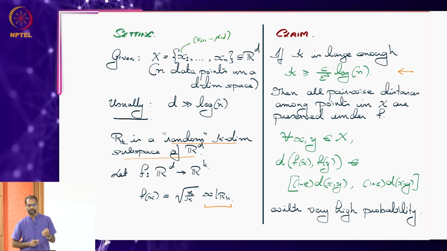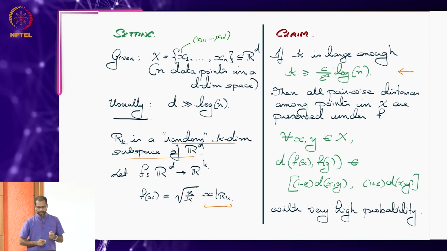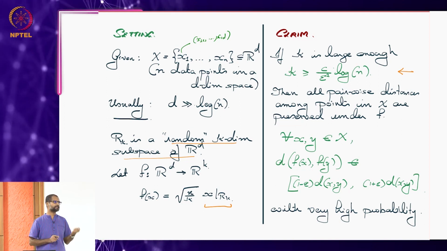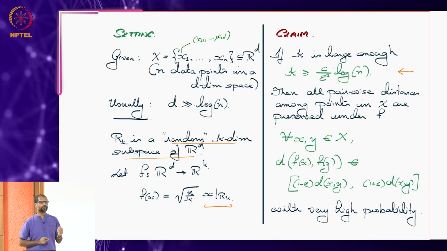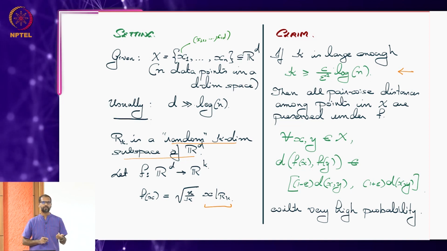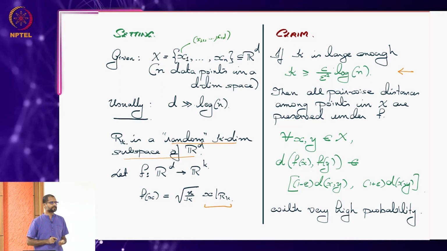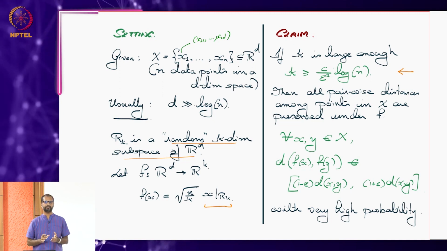What happens if the dimension is at least this? Then for every pair of points in your data set, there are n points, so you have n choose 2 pairs of data points. For every such pair of data points, their distance is approximately preserved.